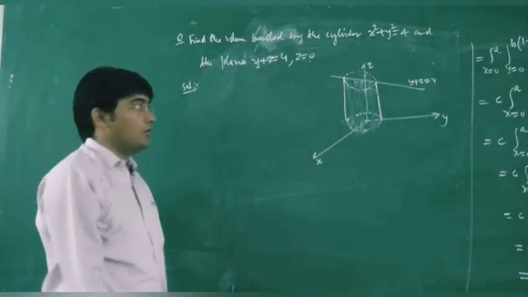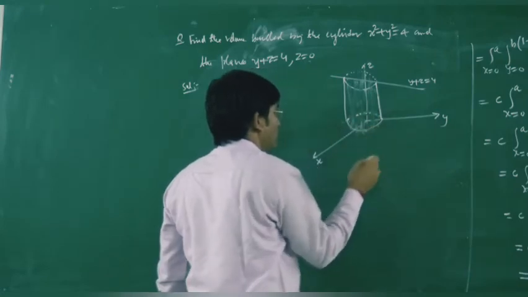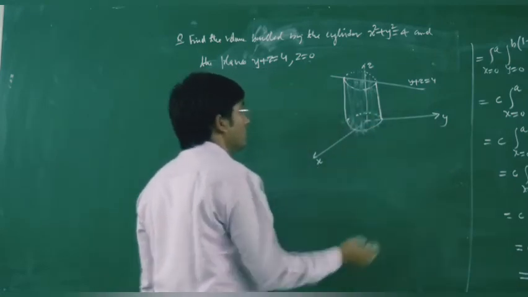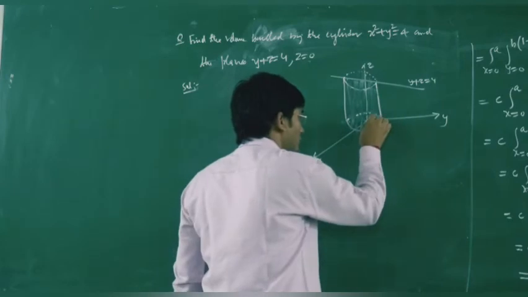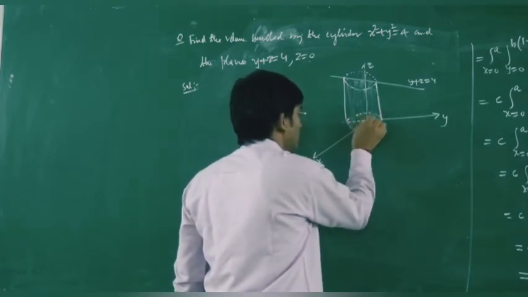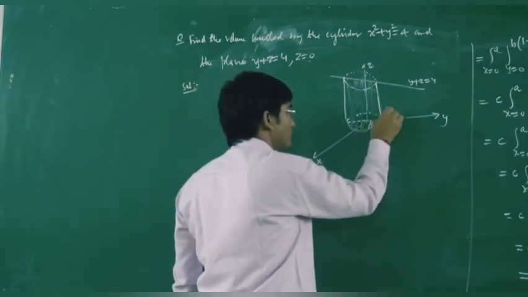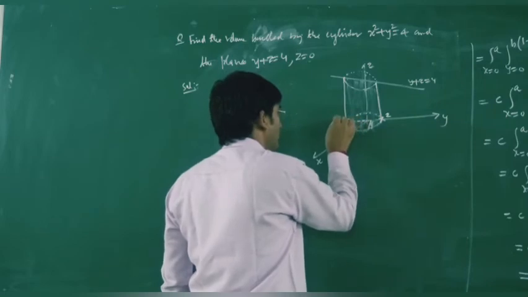So for that, here I am using the Cartesian coordinates. So if you take the strip here, now this is your circle. So here we will have y equal to plus 2, and at this point we will have y equal to minus 2.